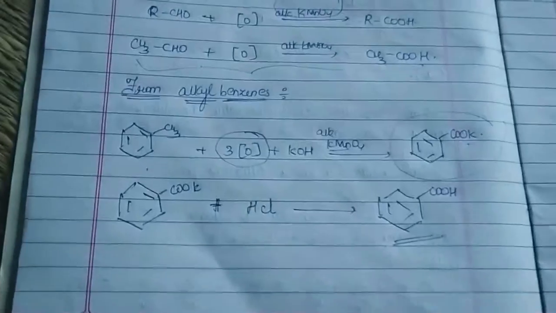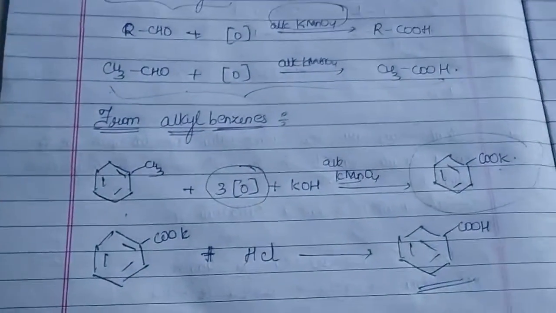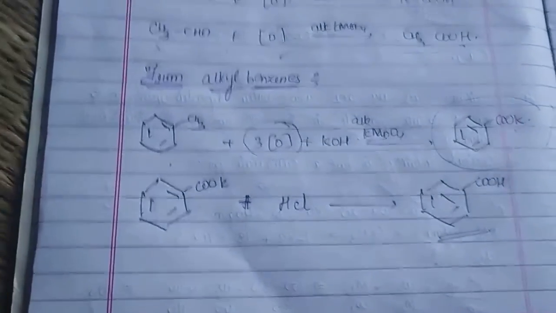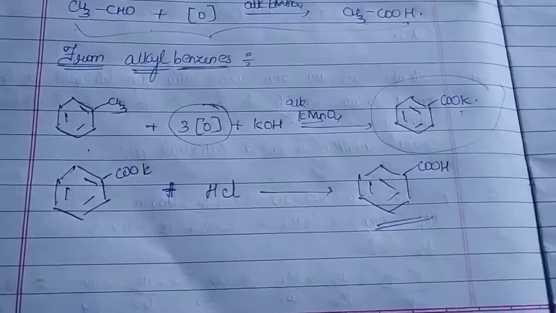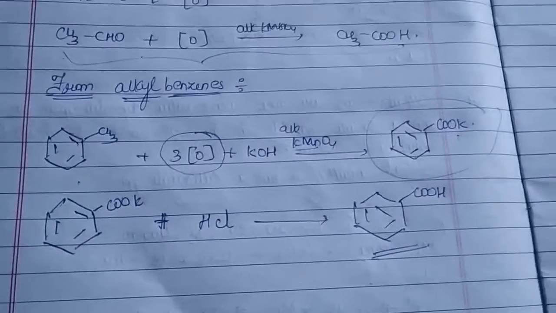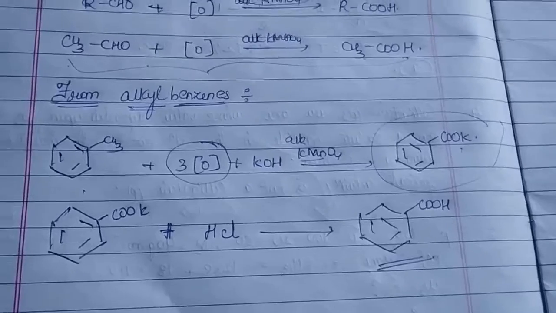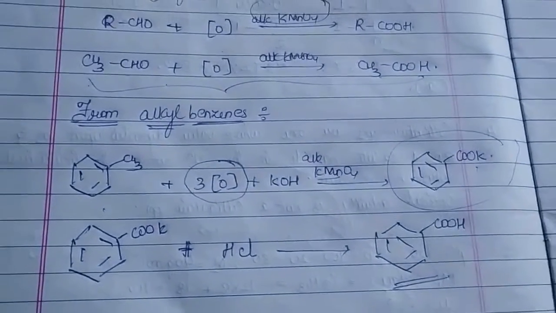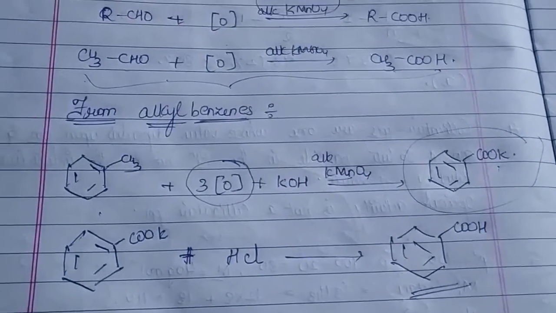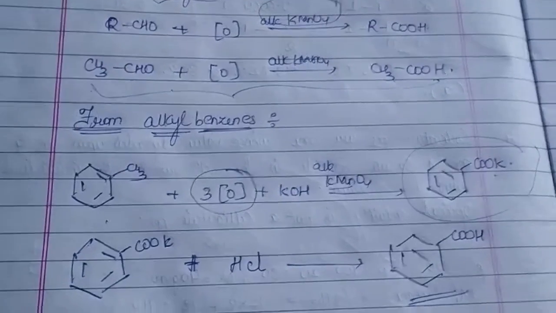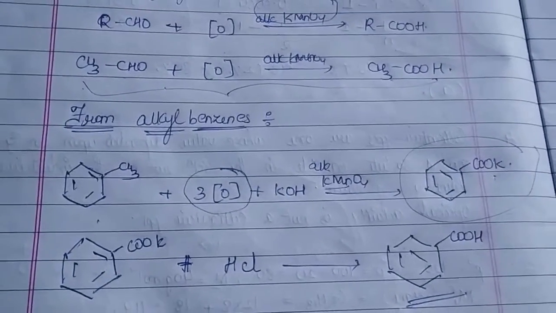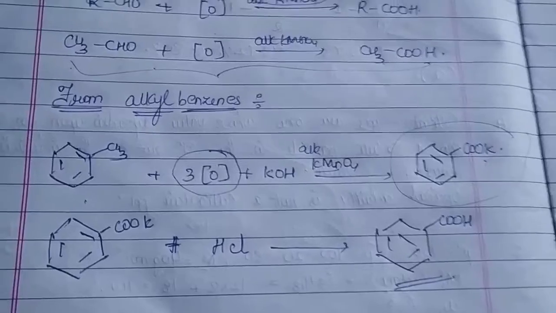What is the important part we have to remember here? It's an interesting reaction. Why? Because you can see in my notes I have given a note. What is that? The entire side chain is oxidized to a carboxyl group irrespective of the length of the side chain.